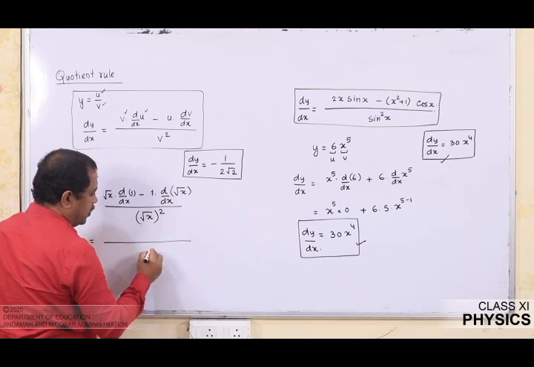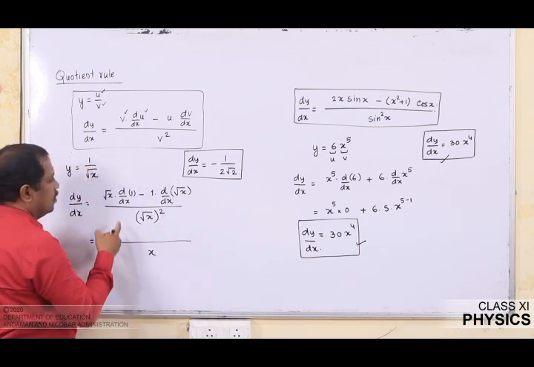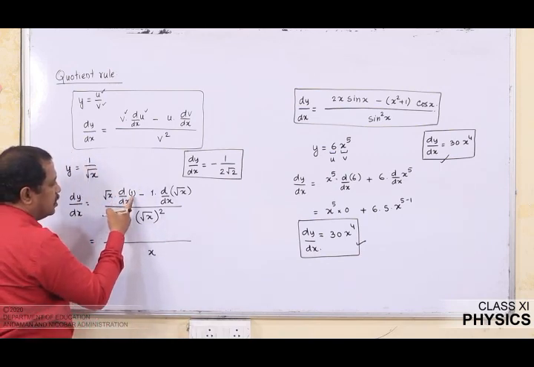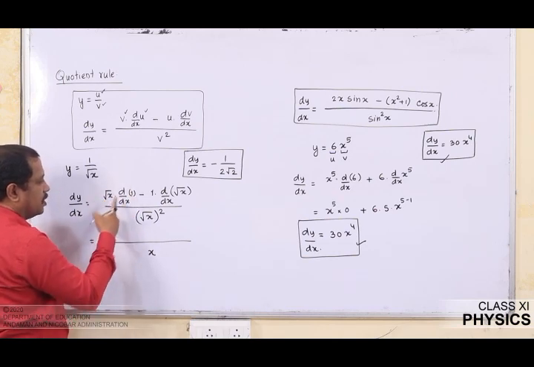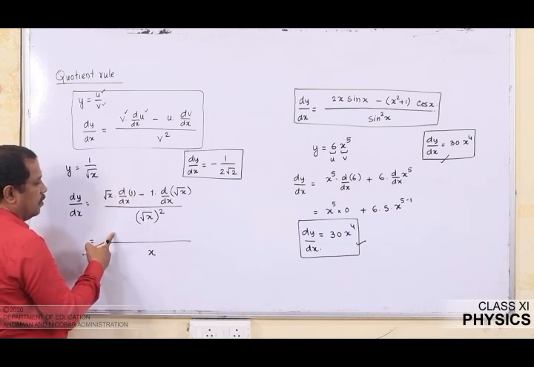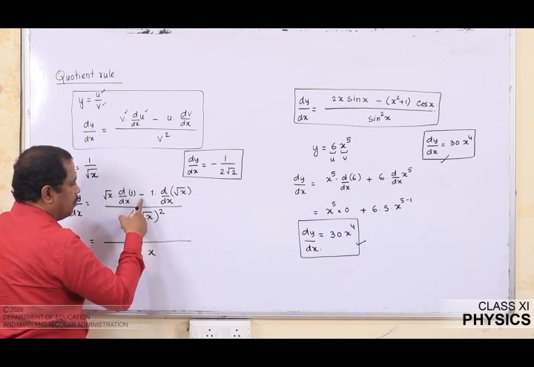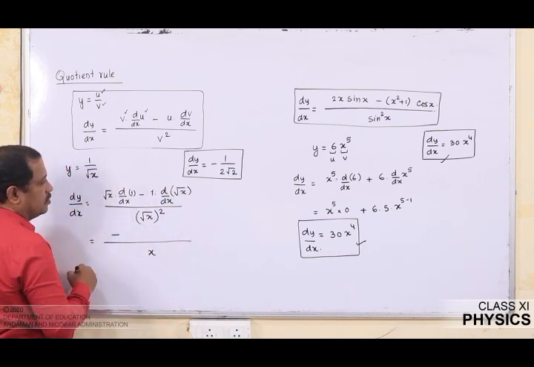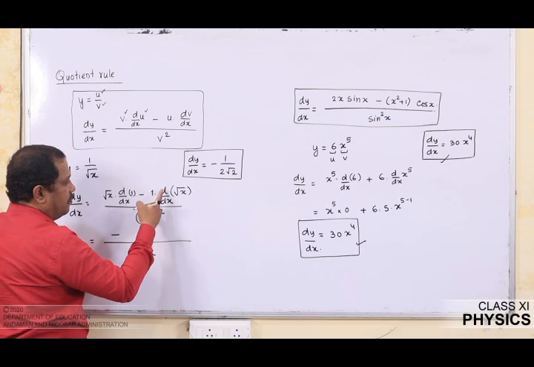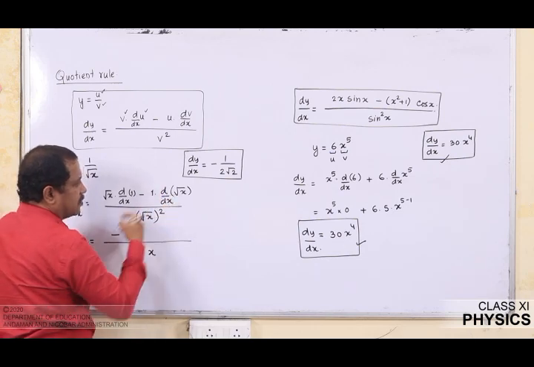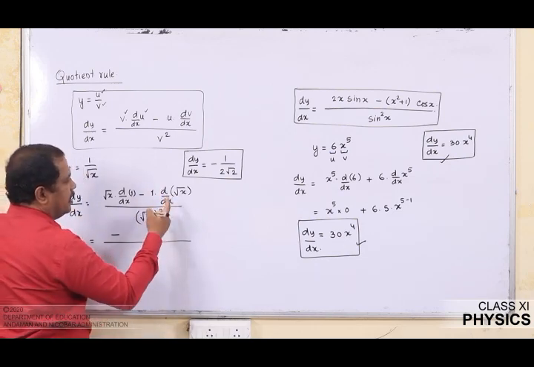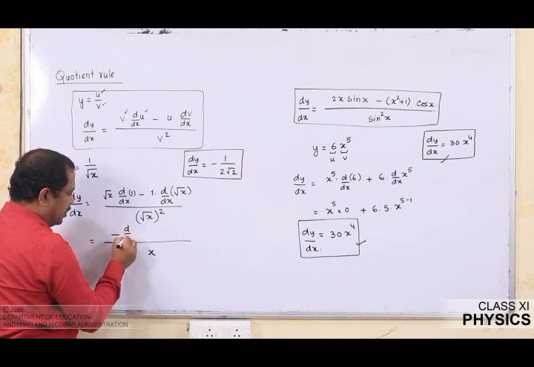Root x whole square is x for me, and differentiation of a constant is 0, so the entire term becomes 0 here. For the second term, the minus sign is there so I am keeping it as such, 1 I am leaving, and d over dx of root x, shall I rewrite like this?